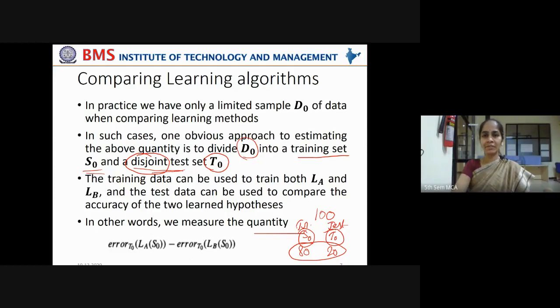Okay, remember this representation. Now, the training data can be used to train both LA and LB. We are using the training set to train both LA, algorithm A, say k-nearest neighbor, and algorithm B, say neural network. And the test set can be used to compare the accuracy of the two learned hypotheses.